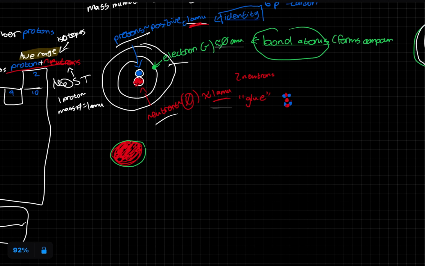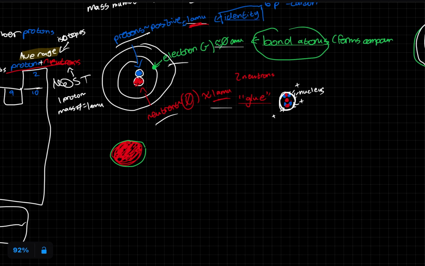The neutrons are the glue, because don't forget that opposites attract and likes repel. All these protons are positive, and they all want to be away from each other. So the neutrons force them together. It glues them into a very dense area, and again, that area is the nucleus.